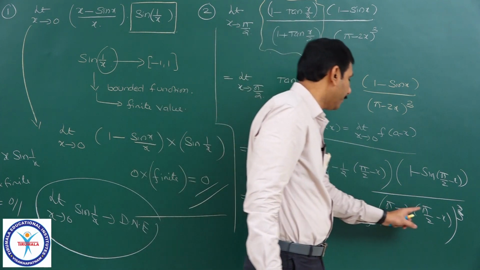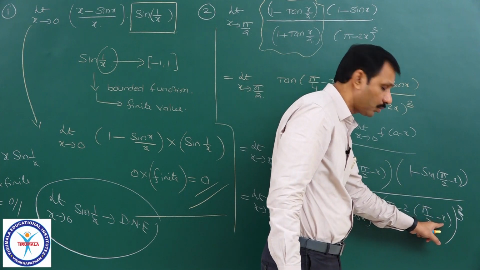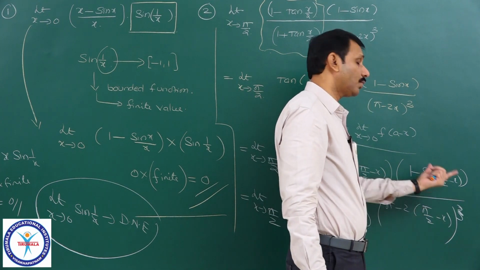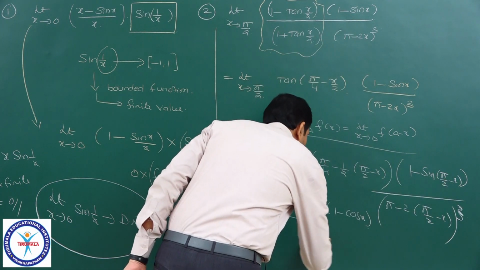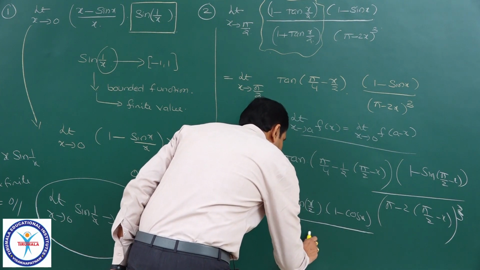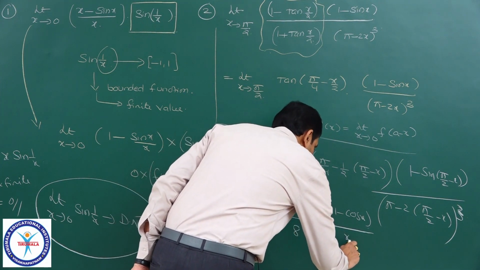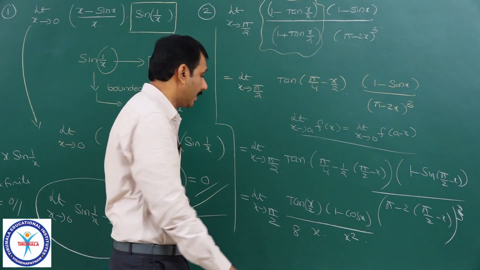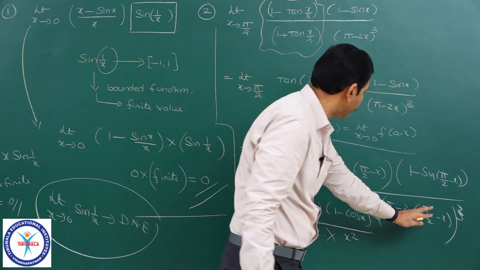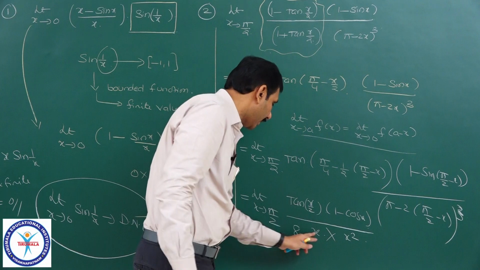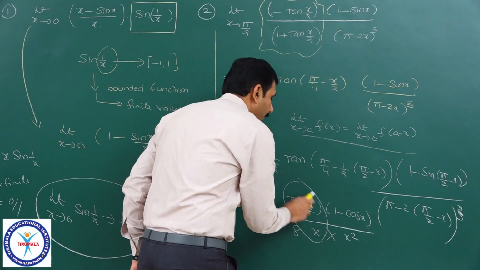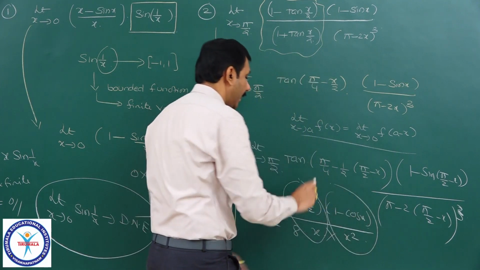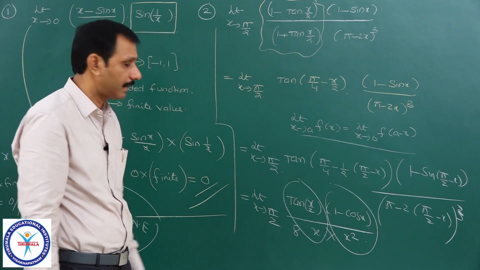In the denominator, pi minus pi cancels, it is plus 2x. Plus 2x whole cube means 8x cube. Therefore, here 8 is there, I will write 1x here and 1x square here. Hope you understood. That x cube I wrote as 1x for this function and 1x square for that function to evaluate the limit.